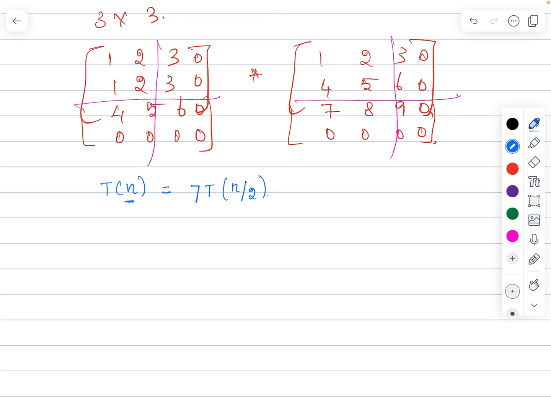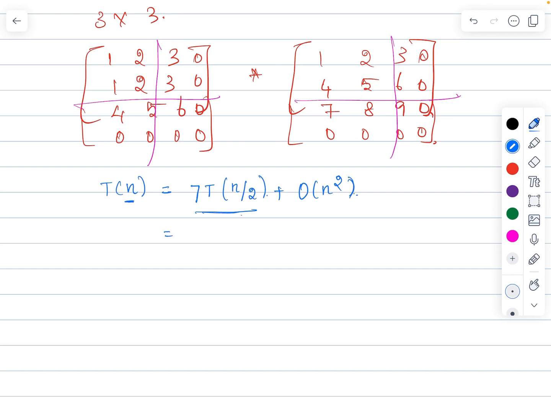So, T(n) equals 7T(n by 2) plus, other than dividing, we are performing addition and subtraction operations. The 7T(n by 2) term accounts for the 7 recursive multiplications of n by 2 into n by 2 submatrices. The big O of n square term accounts for the time spent on the addition and subtraction operations.